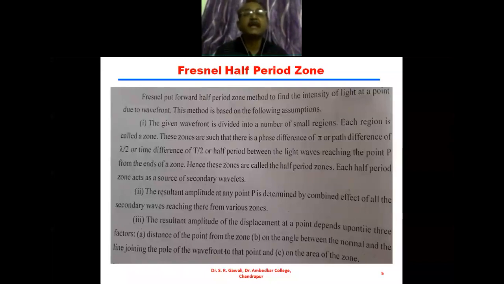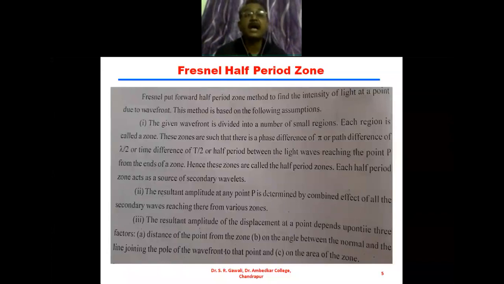First, the given wavefront is divided into a number of circular regions. There is a plane wavefront, and that plane wavefront is divided into a number of small circular regions, and each region is called a zone.